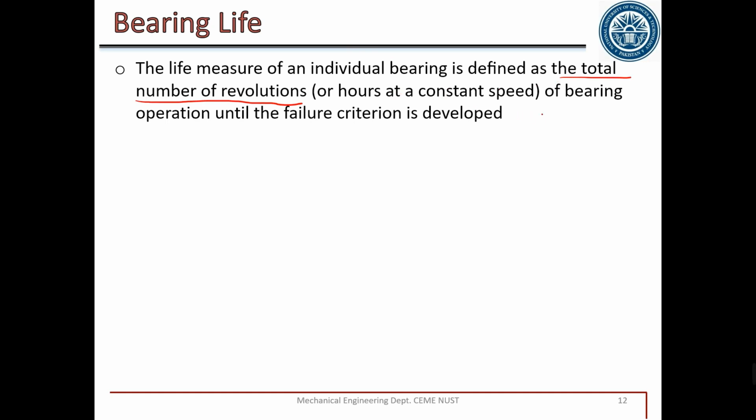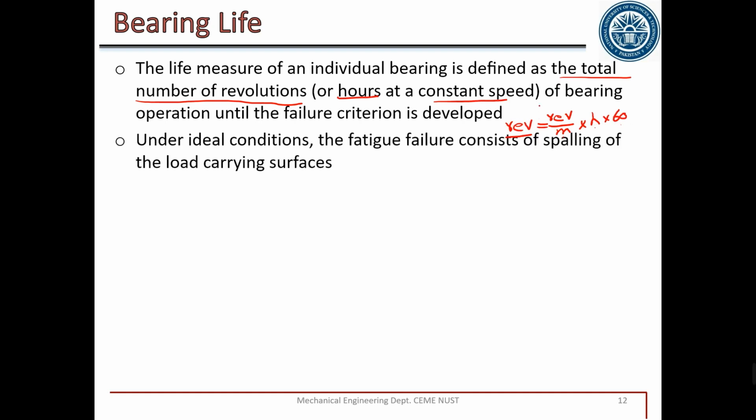Let's say constant speed is revolutions per minute, multiplied by hours, multiplied by 60 will give us revolutions. So the life of a bearing is given in terms of either revolutions or number of hours a bearing can withstand at a given revolution per minute.